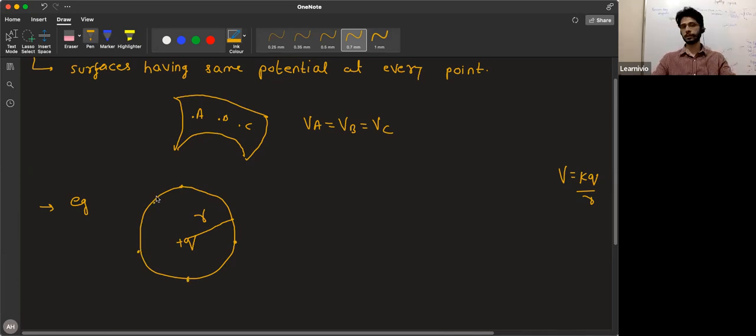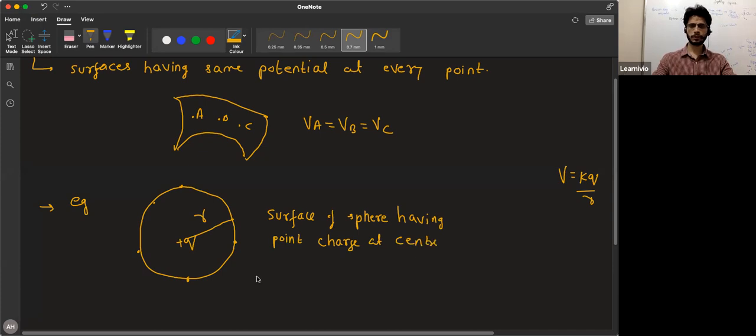So we can say that the surface of a sphere having a point charge at the center is an equipotential surface.